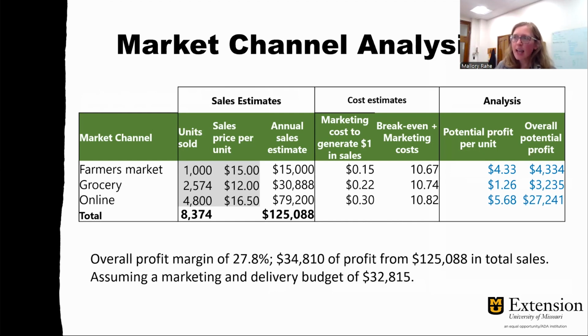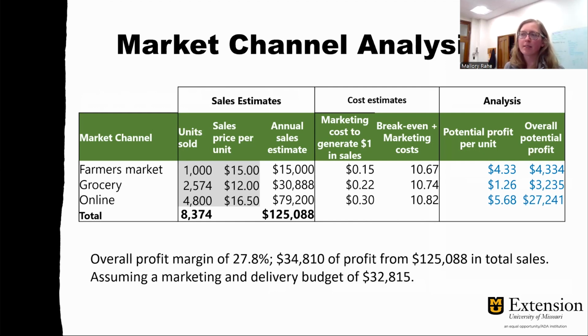I'm feeling like all of the work to generate $125,000 of sales, boy, 34,000, almost 35,000 is what I'm taking home. Now, remember, I'm factoring in the cost of my time so that when I look at this profit, it really is profit.